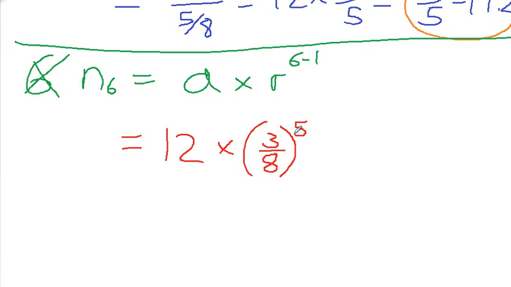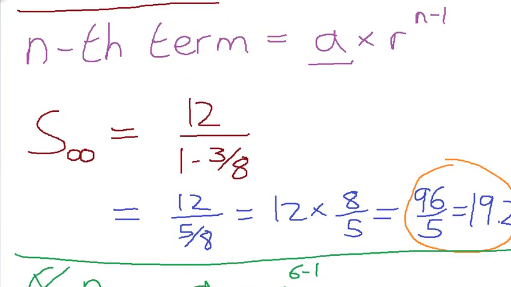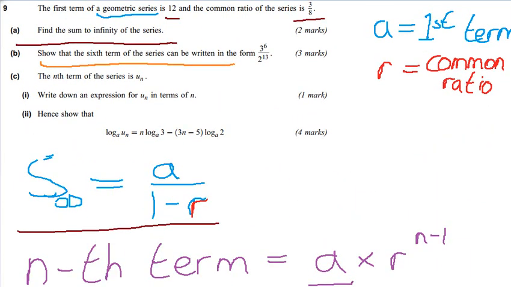So what can we do with that? Well, we can start off by bringing this 5 inside here and simplifying slightly. So we get 12 times 3 to the 5 over 8 to the 5. Now, if we go back up to the question, we will see that they want everything in powers of 2 and powers of 3.